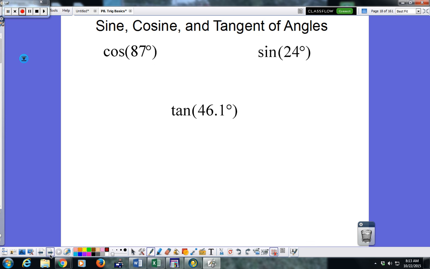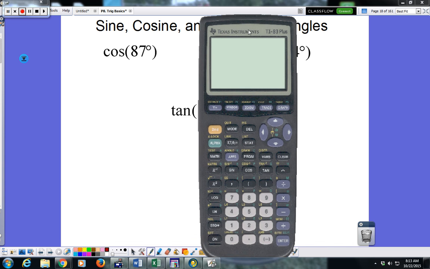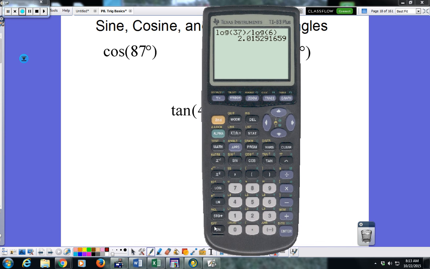But just to show you how to do this, and just to remind you of something. When you first pull up your calculator, and you need to know what the cosine of 87 is, I just want to remind you, you're actually looking for, if I have an 87 degree angle, what would be the ratio of adjacent to hypotenuse? That's what your calculator is about to give you.